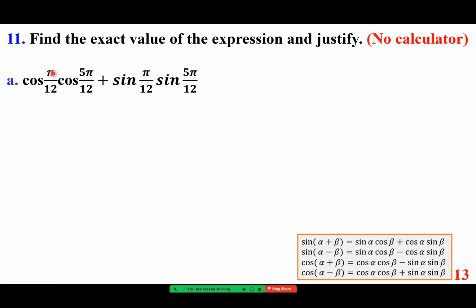So cosine of pi over 12 minus 5 pi over 12, according to this formula, which makes it cosine of negative 4 pi over 12, or negative pi over 3. As you know, cosine is an even function, therefore it's the same as cosine of pi over 3, which makes it 1/2.